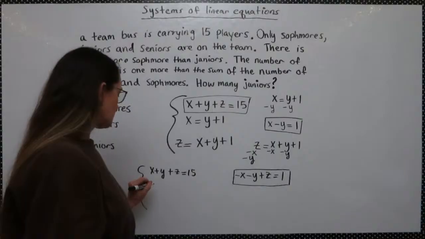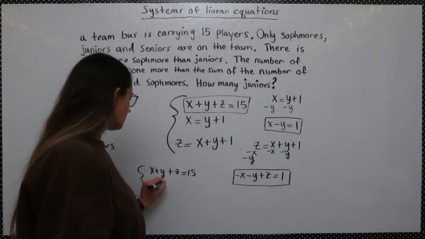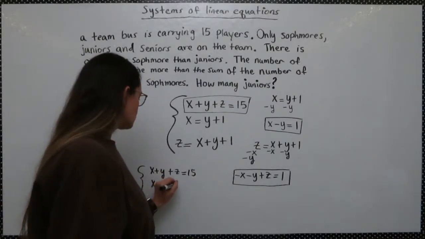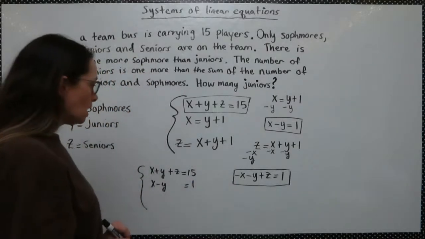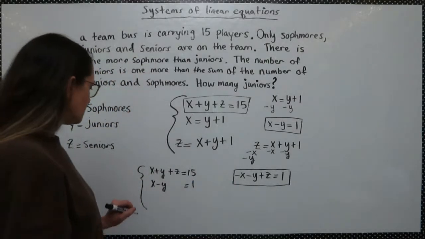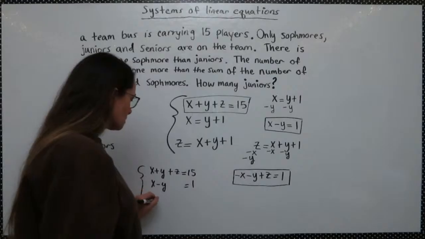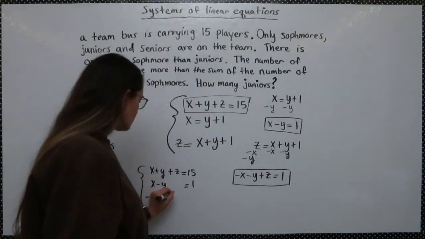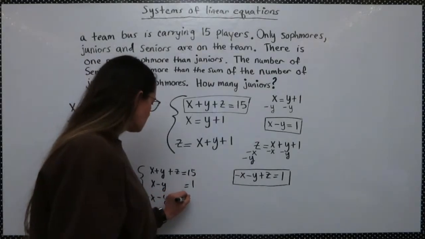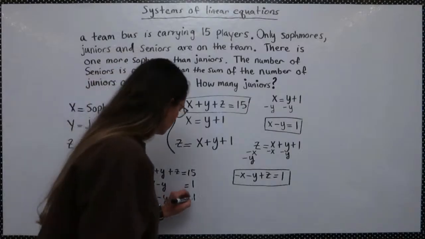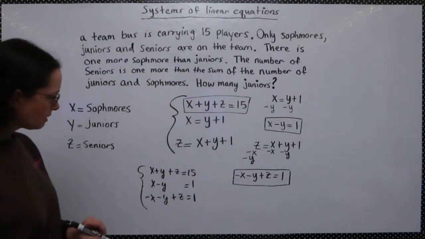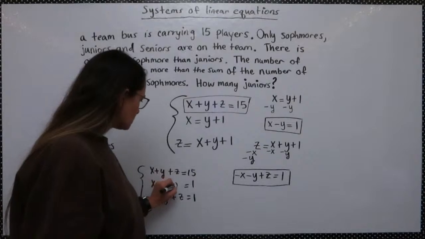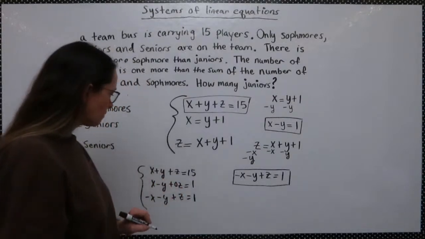And I have x minus y, and there's no z, equals 1. And then I have negative x minus y plus z equals 1 also. And if I wanted a placeholder, I could say 0z.